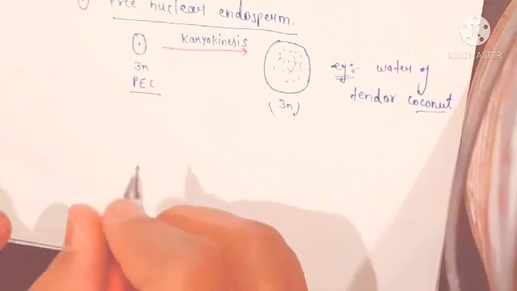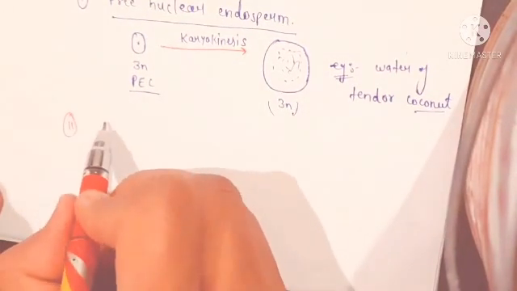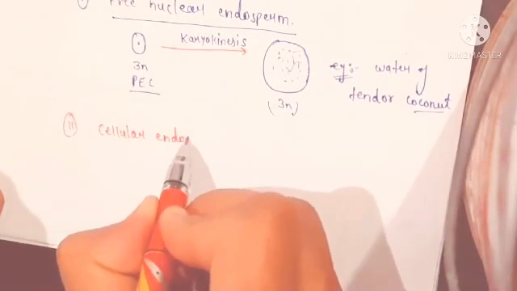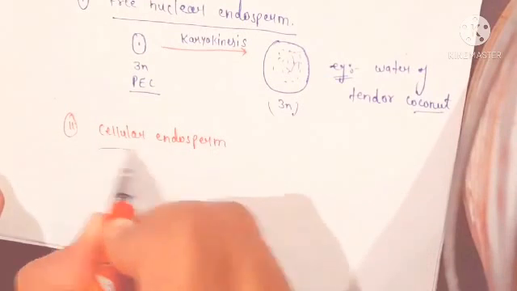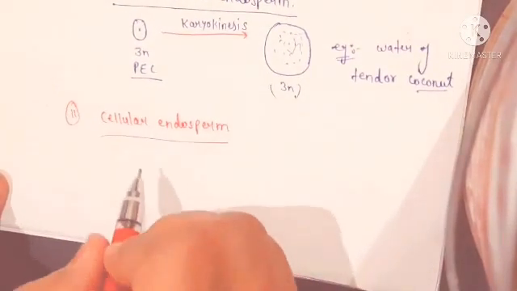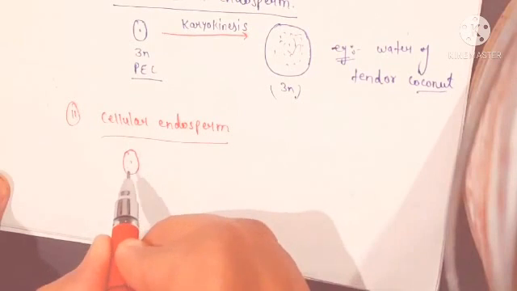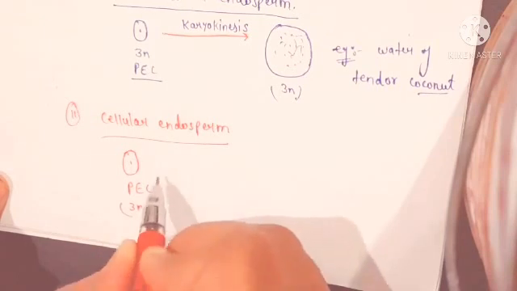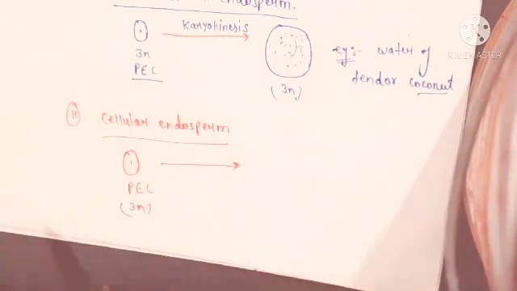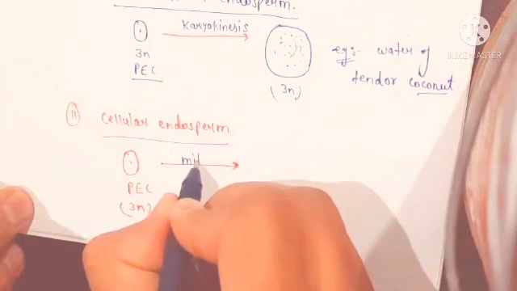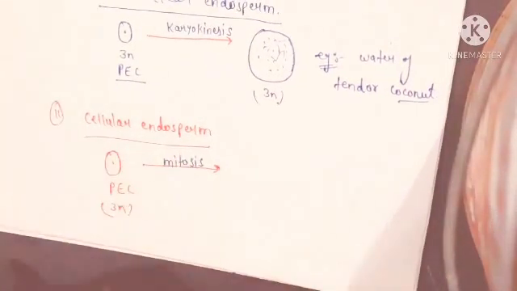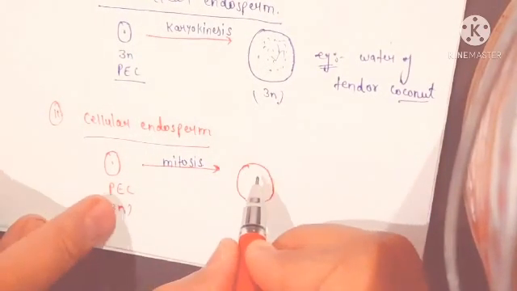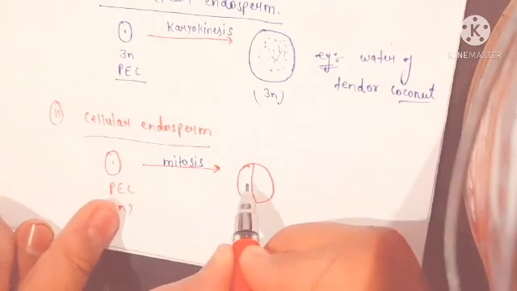Now friends, we will discuss the second one, cellular endosperm. How is cellular endosperm formed? In the same way here, PEC, primary endospermic cell, is triploid in nature. What will happen? Here mitosis takes place, so there is division and formation of cells.